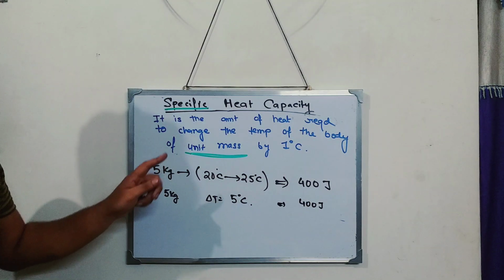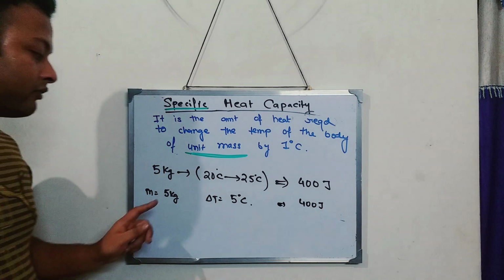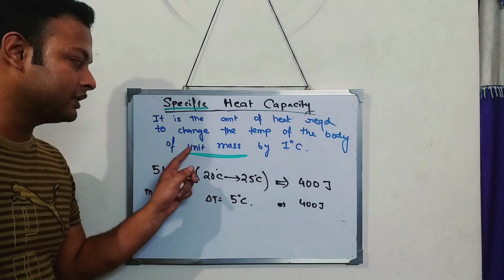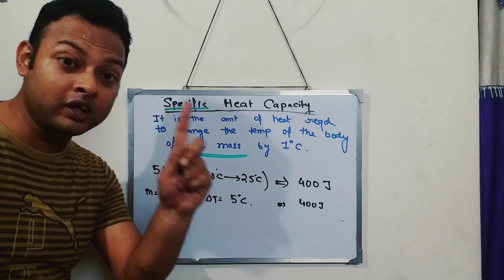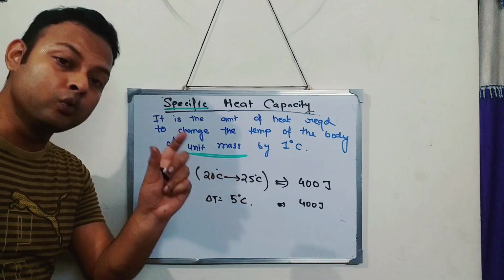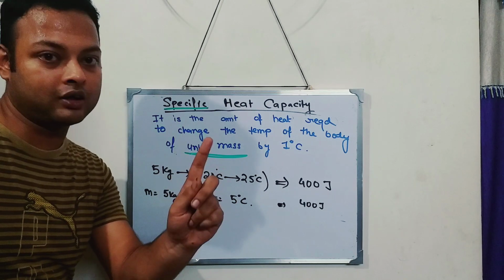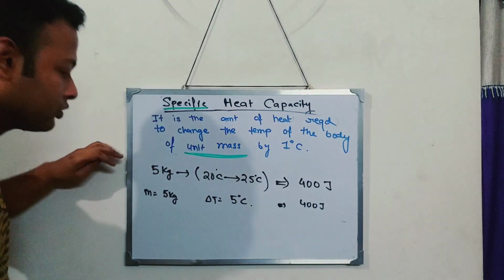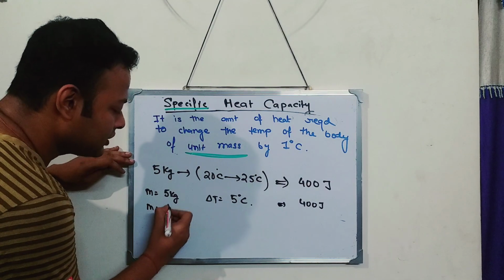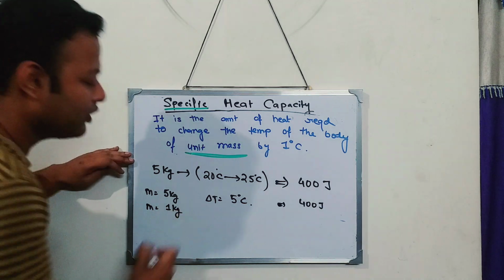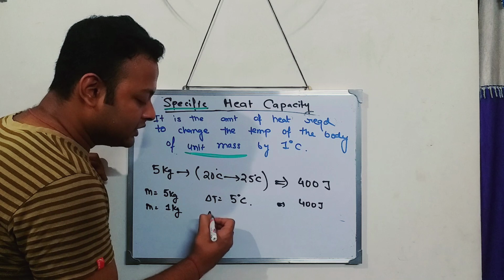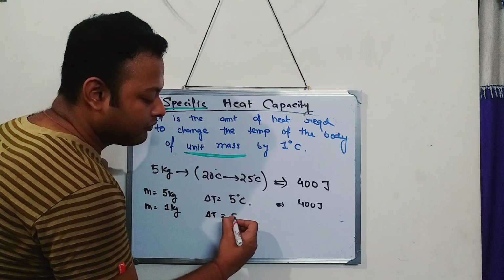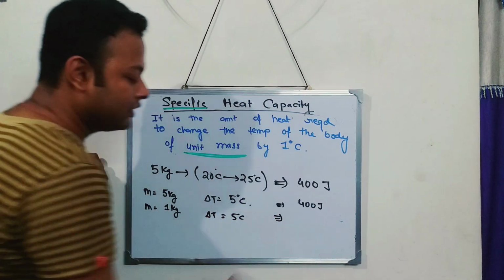But if you look at this definition, do I need it for 5 kg or for 1 kg? See, unit mass. If it says unit mass, it means I need only for 1 kg. Unit means 1, always. So a body of mass not 5 kg, I will take 1 kg. 1 kg changes the temperature by 5 degrees centigrade, then the amount of heat required will be how much?